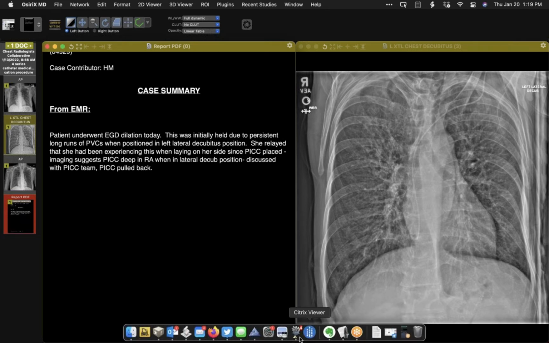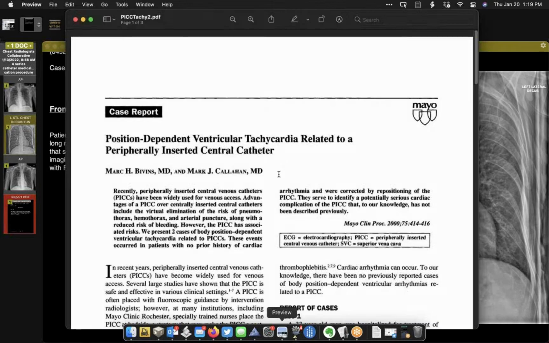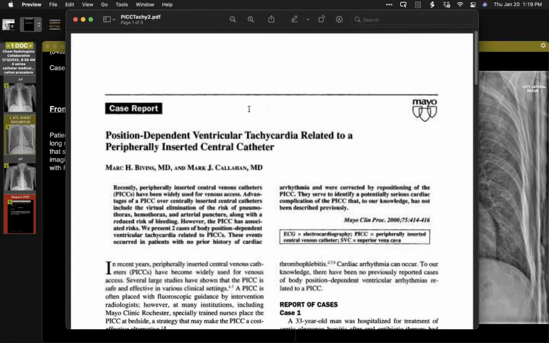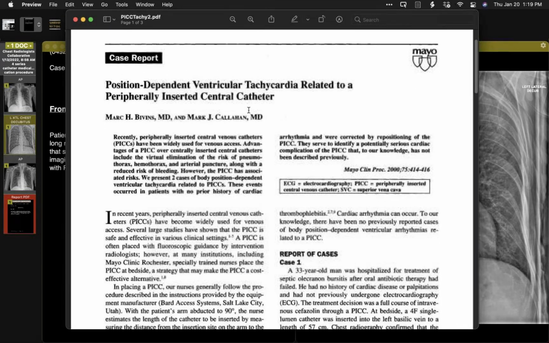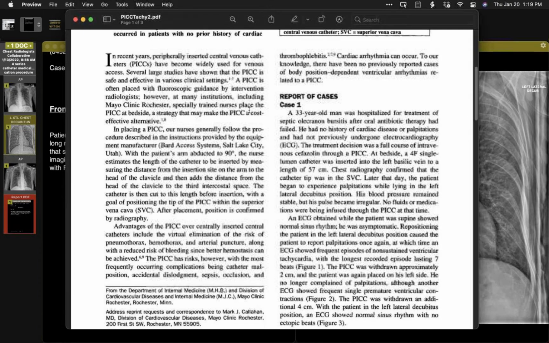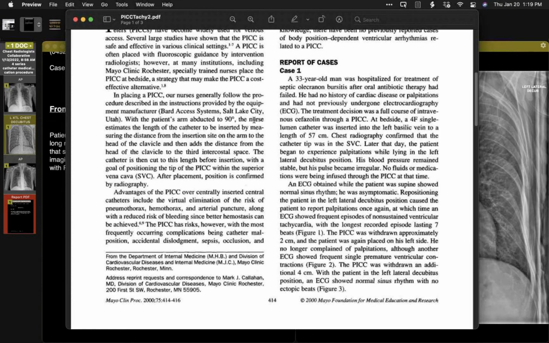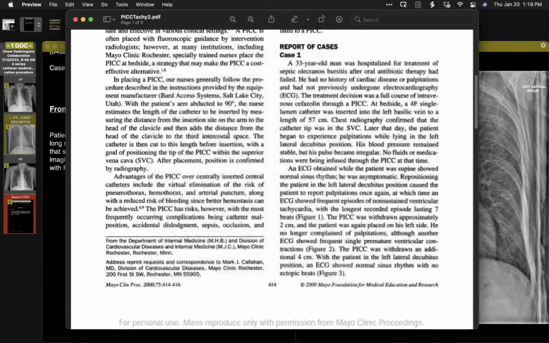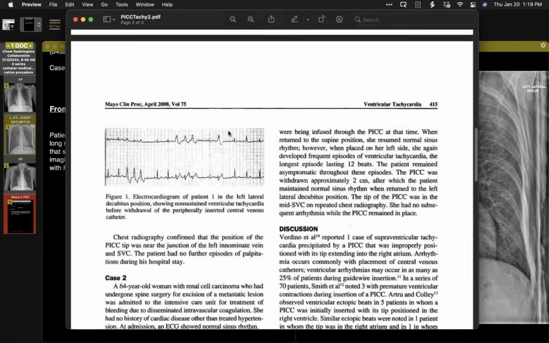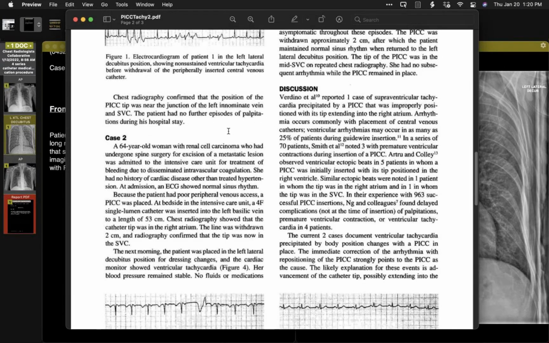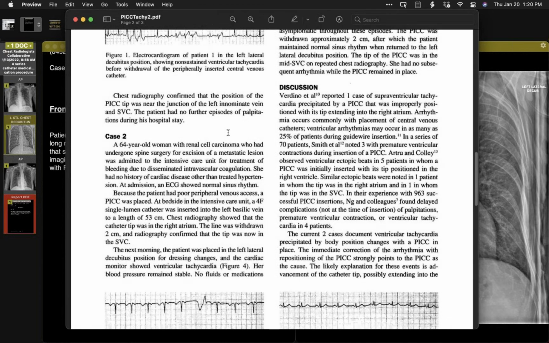So time to look for reports, and indeed, it wasn't too long before I found reports like this. And they describe similar situations where when the patient is in a decubitus position, either left or right, depending on the location, that they have PVCs. So it's a thing. And you can find case reports.